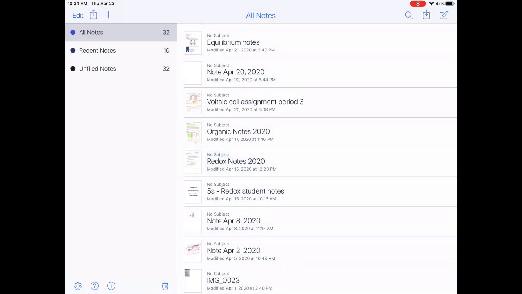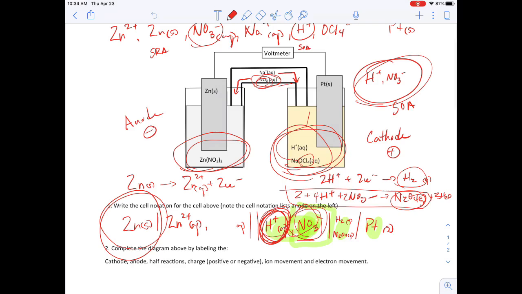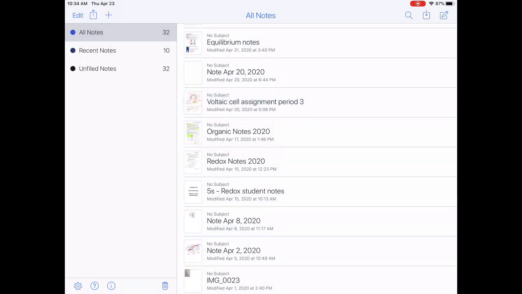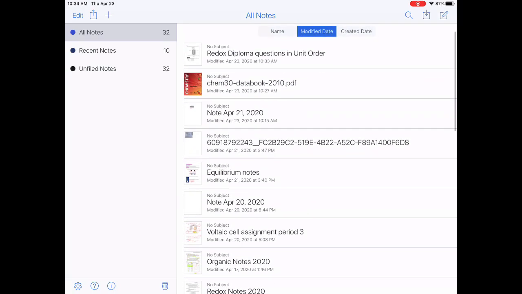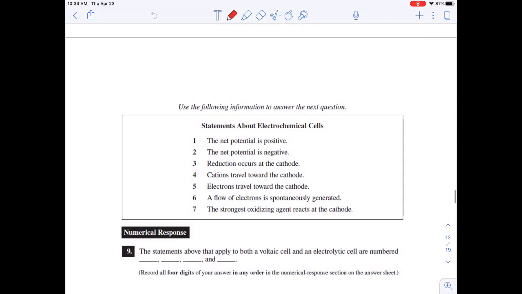So getting back to our question, it says the statements that apply to both voltaic and electrolytic cells. The net potential is not going to be positive or negative for both. Voltaics are going to be positive, electrolytics are going to be negative. Reduction occurs at the cathode.